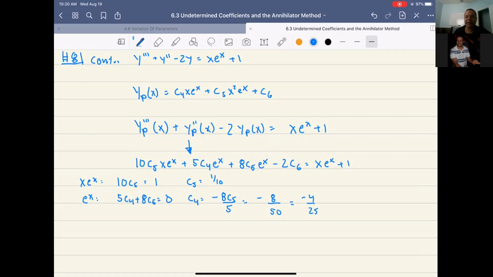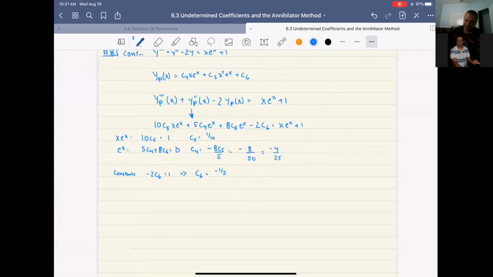Now let's take a look at the constants. We have 1 on this side, and negative 2 c6 equals 1. So c6 is negative 1/2. So what is our particular solution?